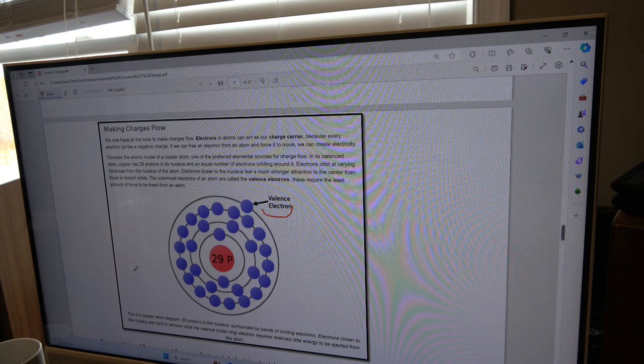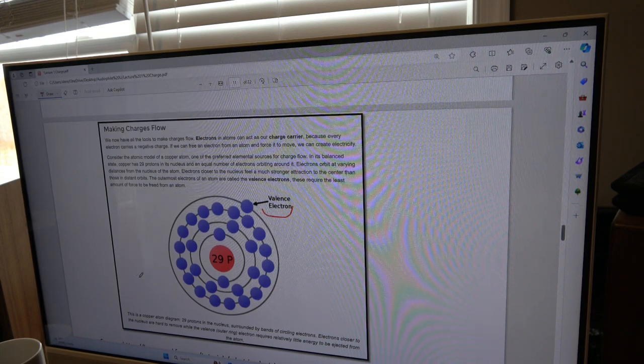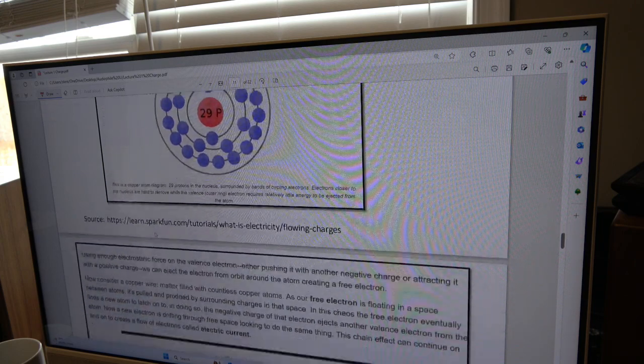That's something you have to commit to yourself. An electron is a charge carrier. It carries a fundamental charge of 1.6 times 10 to the negative 19 coulombs. It carries a negative charge. Now if we can free this electron from the atom and force it to move, we can create an electric current. You see? That's how it's done.